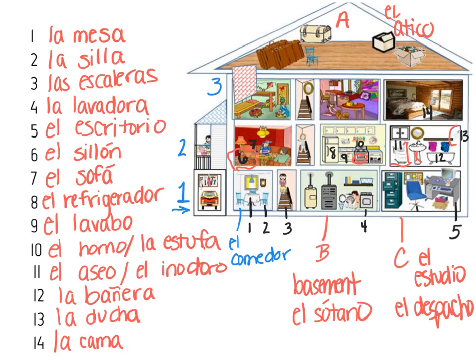So again, the house has 3 stories, 3 levels or floors, but they're called la planta baja, el primer piso, el segundo piso. Esta casa tiene 3 dormitorios, tiene un despacho y un baño, 1 bathroom. Y también tiene un garaje para un carro.